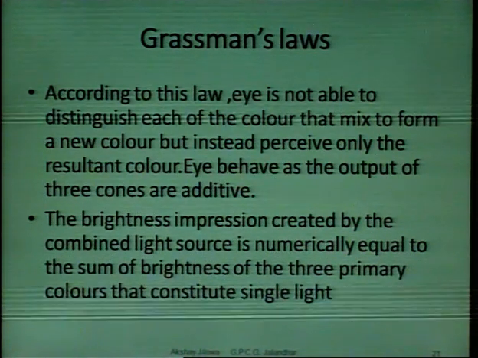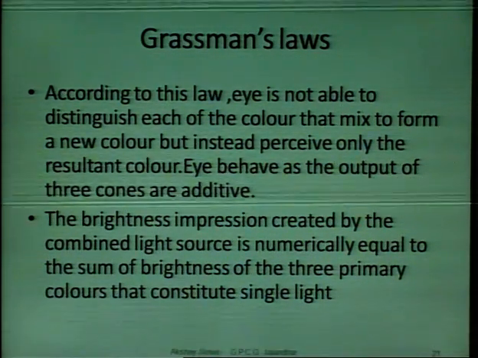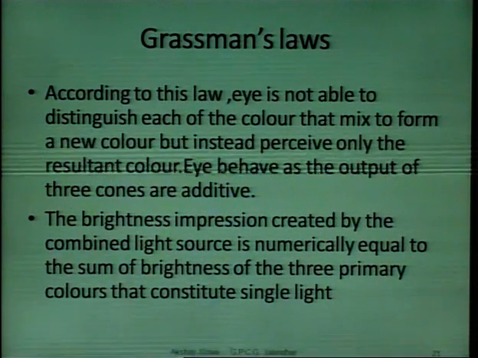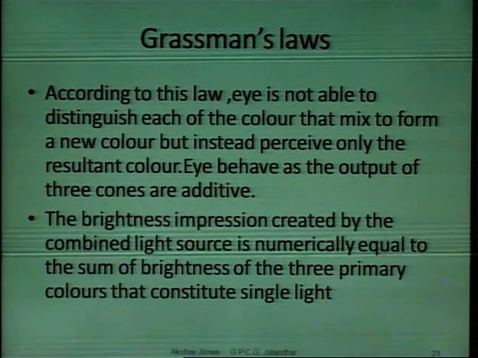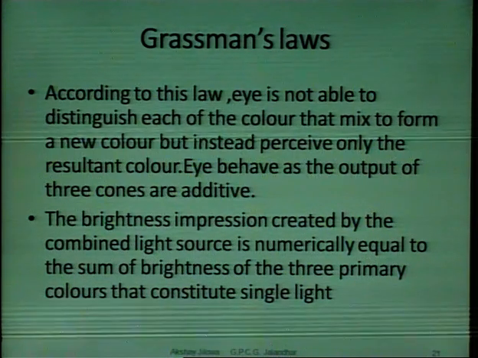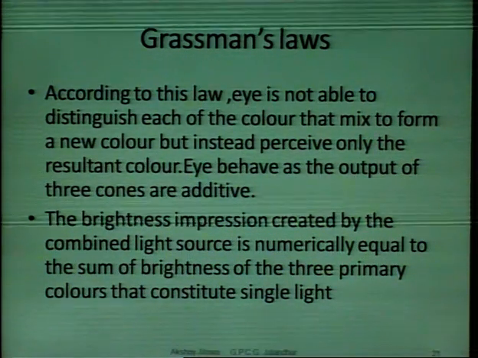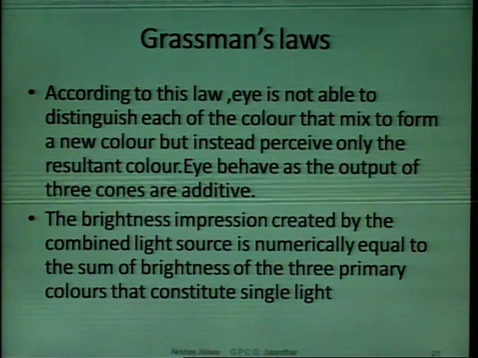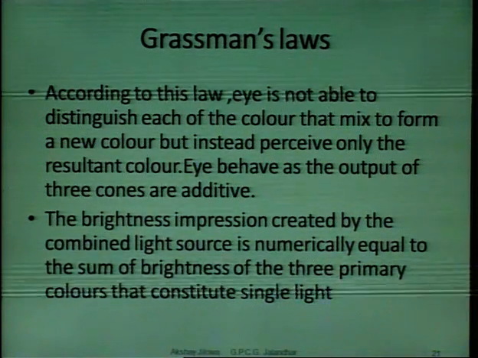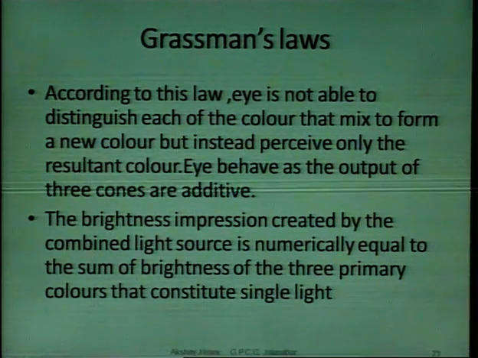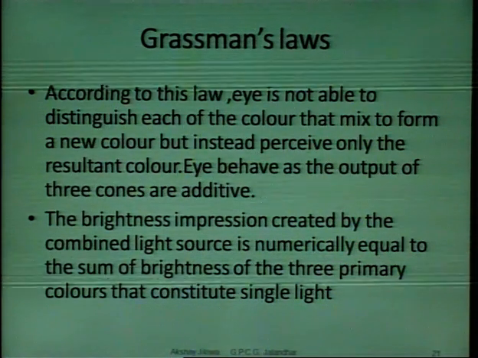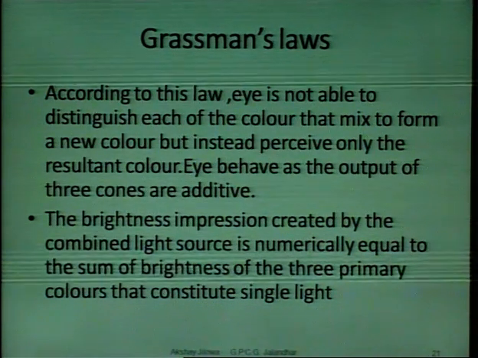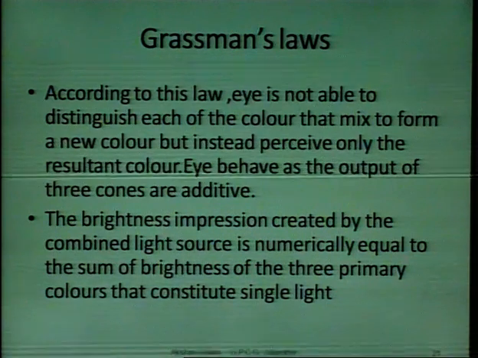The brightness impression created by the combined light source is numerically equal to the sum of the brightness of the three primary colors that constitute the light. Not only is the resultant color formed by the combination of the three primary colors, depending upon the proportion in which they are mixed, but at the same time the brightness of that color is also the algebraic sum of the brightnesses of the three primary colors individually.